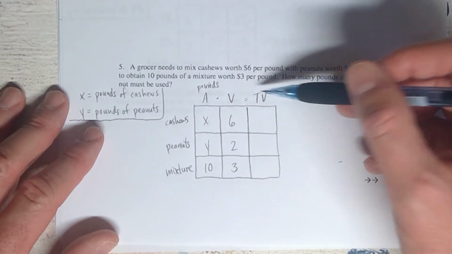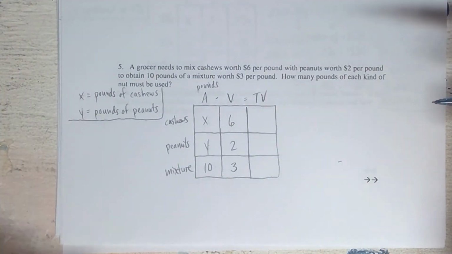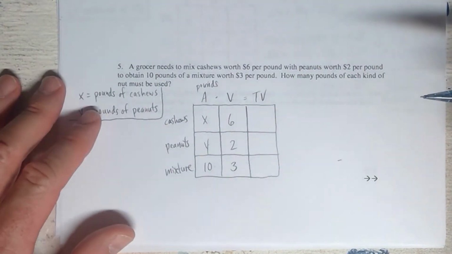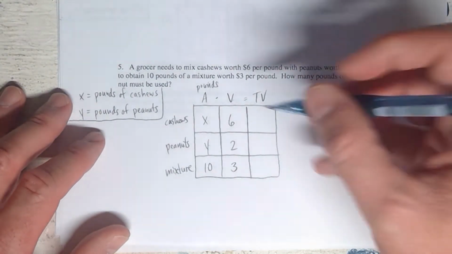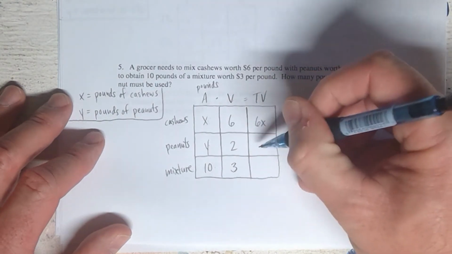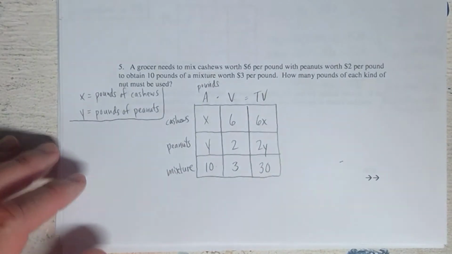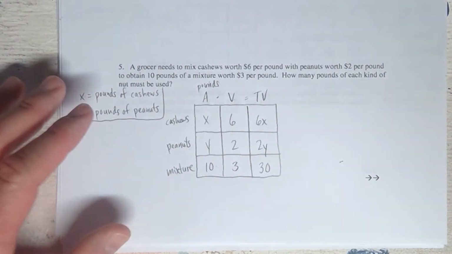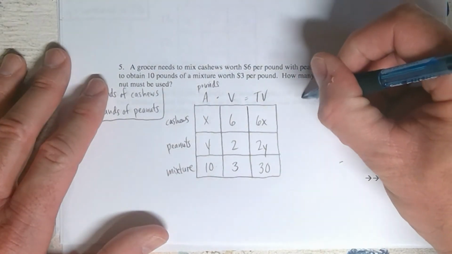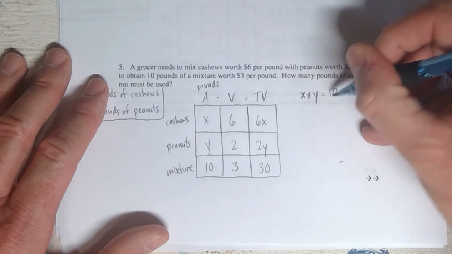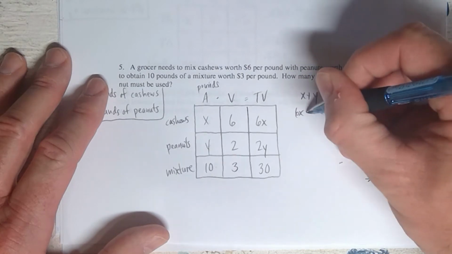We know the cost per pound, which is the middle thing, but we don't know anything else about cost. And so this last column, we don't know nothing. Okay, but we can multiply across to fill that in. Like that. And good news, just like in the first 4 problems, we can add down on the first column and the third column.